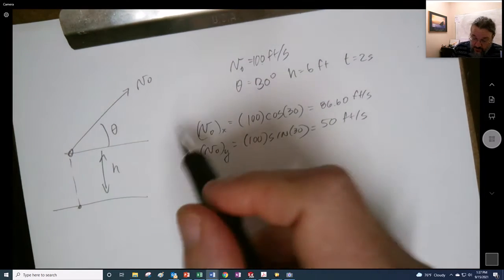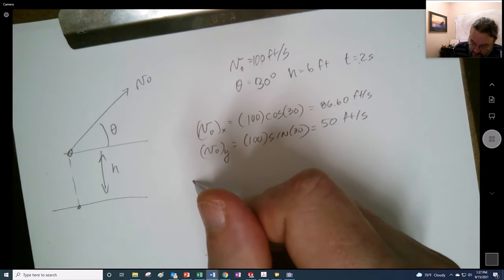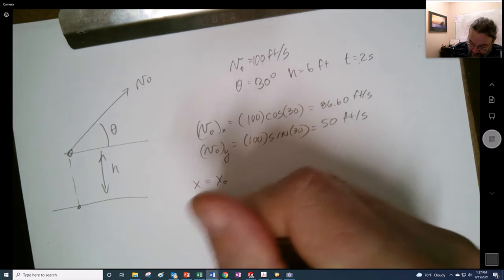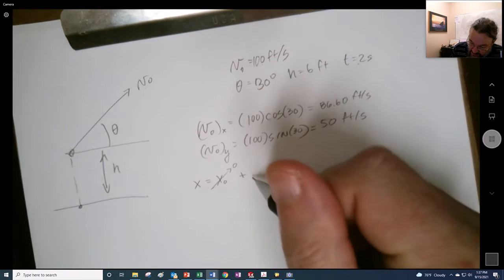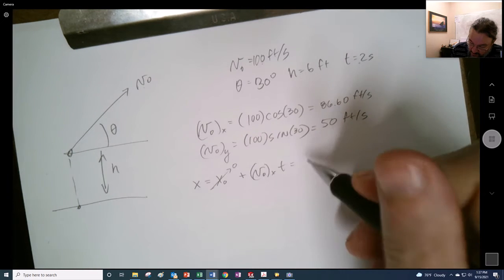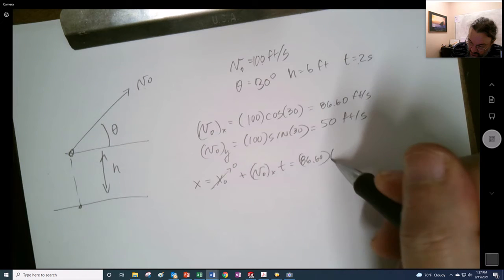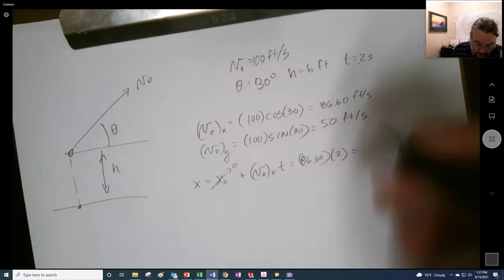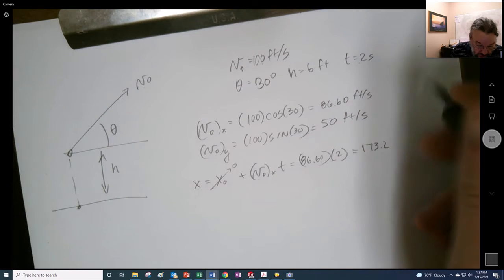Now we want to find its position after this amount of time. In the x direction, we start with 0 plus V0x times time, or 86.60 times 2 seconds, which comes out to 173.2 feet.